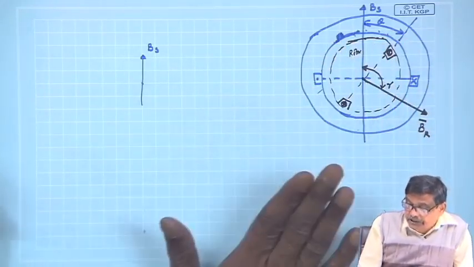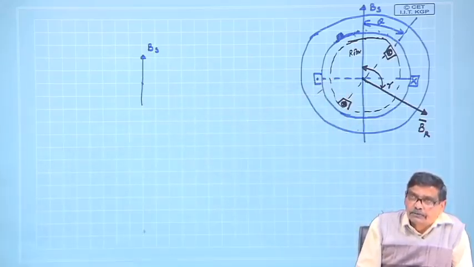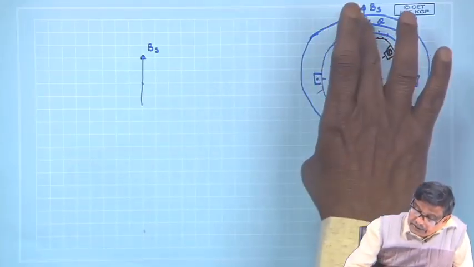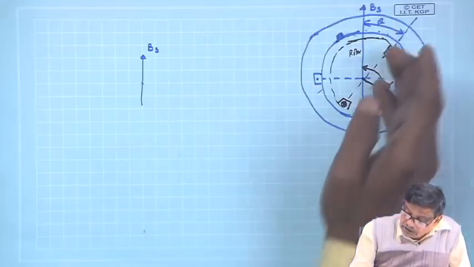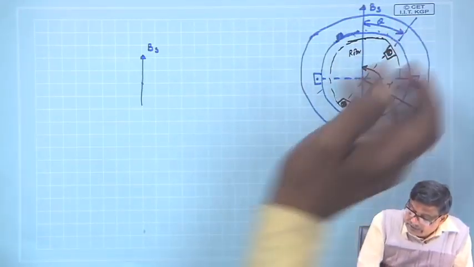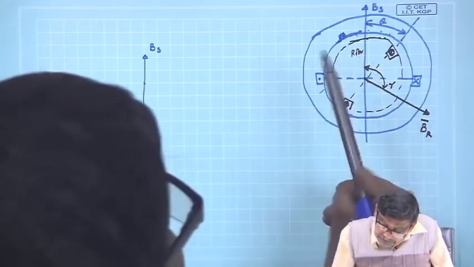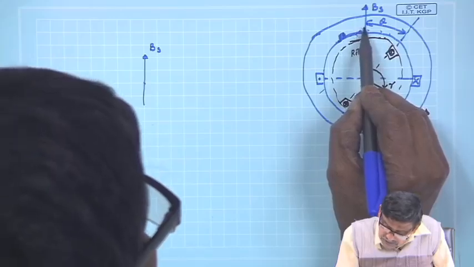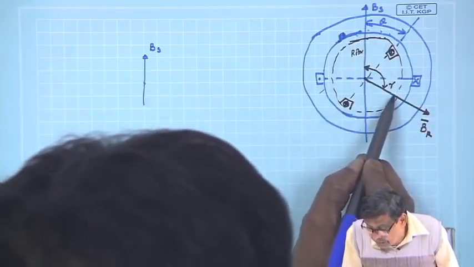So in this position, what torque it experiences, that I want to find out. Imagine the rotor is not allowed to rotate. The stator you have energized with this current, it produces BS. The rotor you energize with this cross, this dot, it produces BR. It is expected that you see the stator poles, this is the south pole, and the rotor, this is the north pole.